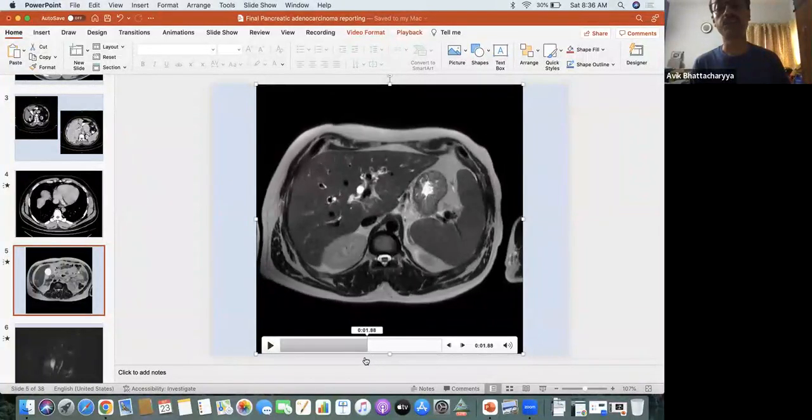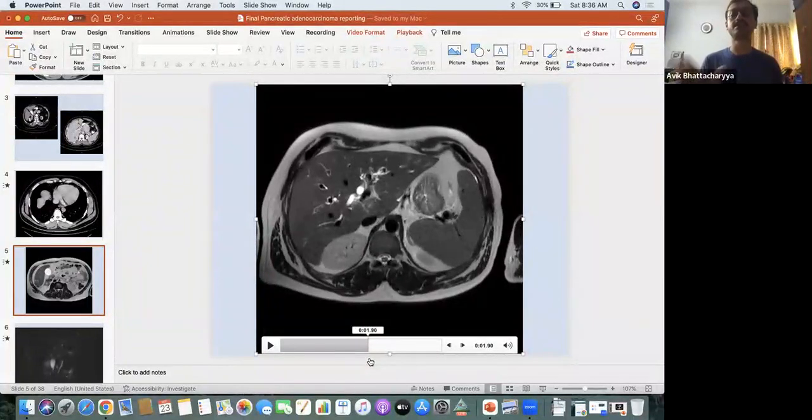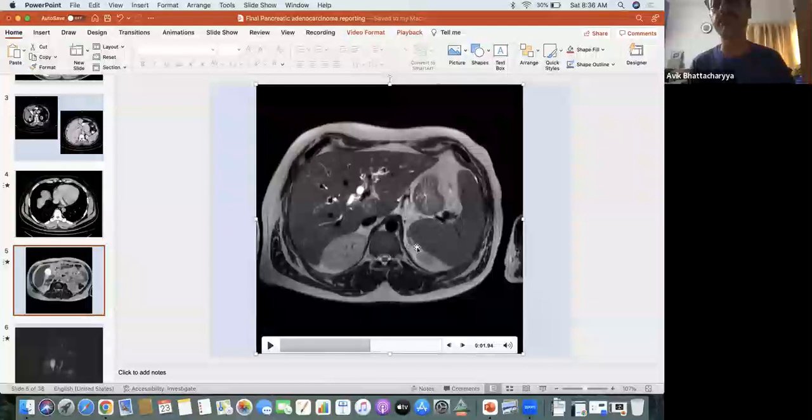And then we see the bright structure, the intrahepatic biliary radicals here. I'm not telling you the technical details of MRI because it will be overburdening. This is a class for triphasic CT scan, but still you need to know on MRI. This is MRI T2 weighted image.